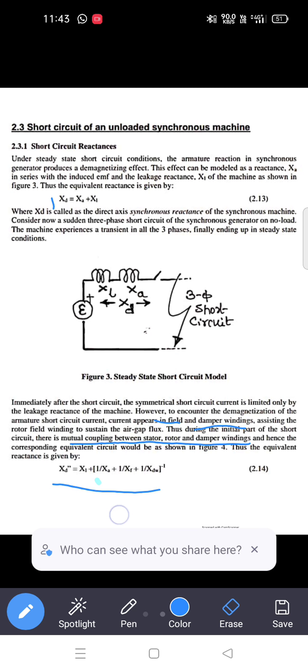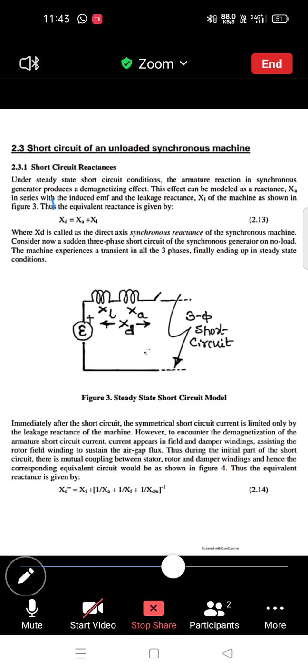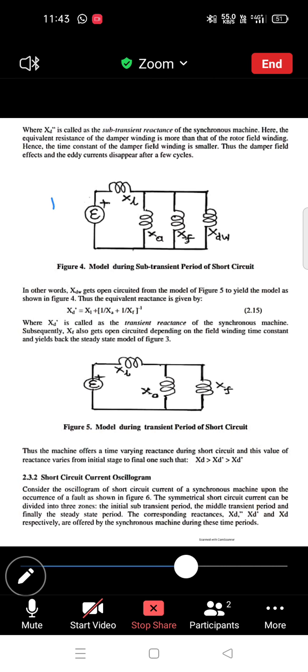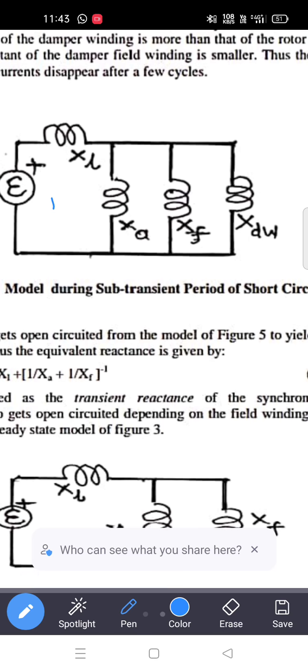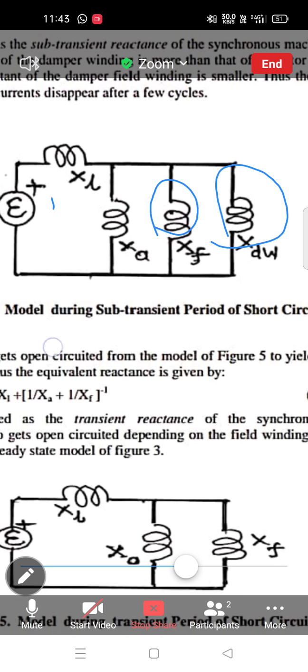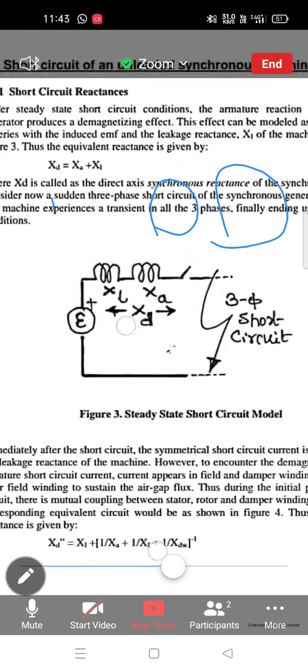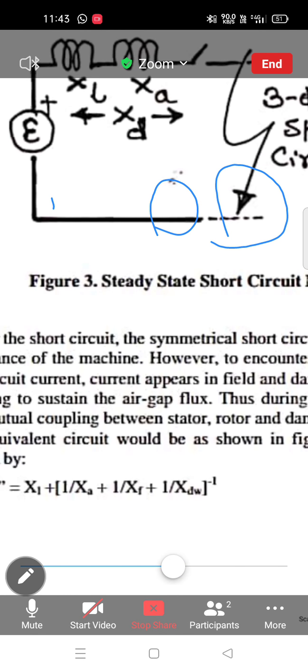Why does this happen? Because the damper and field winding reactances will come in parallel with the armature reactance. So the main resultant will be X1 plus the parallel combination of XA, XF and XDW, where XF is the field reactance and XDW is the damper winding reactance.